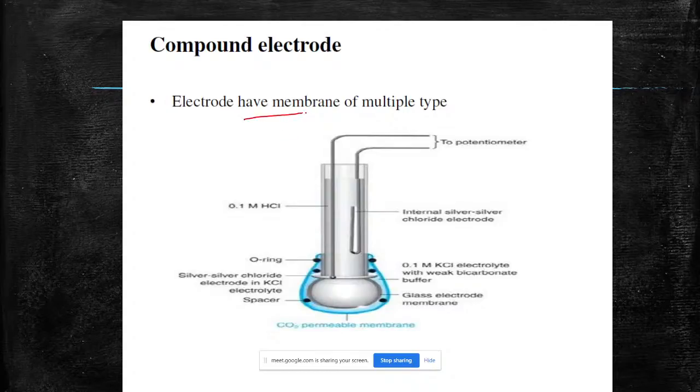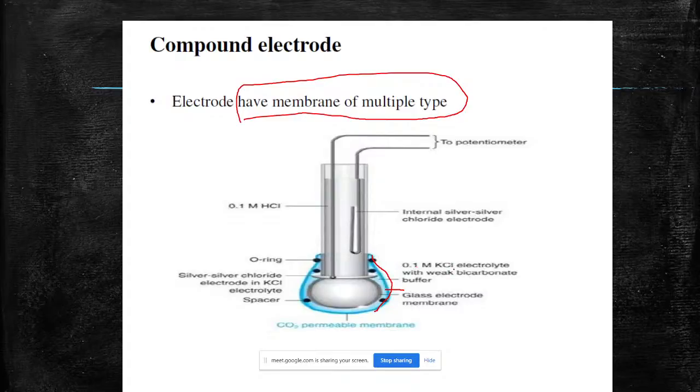Okay, and one more is the compound electrode. So the compound electrode will have membranes of multiple types. Okay, so here you have this. The blue colored part is the membrane that is attached to the electrode. Okay, so the glass electrode is inside. So the glass electrode membrane will be there, and then one more outer membrane is attached.